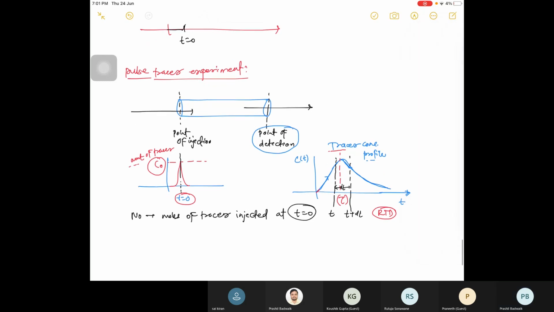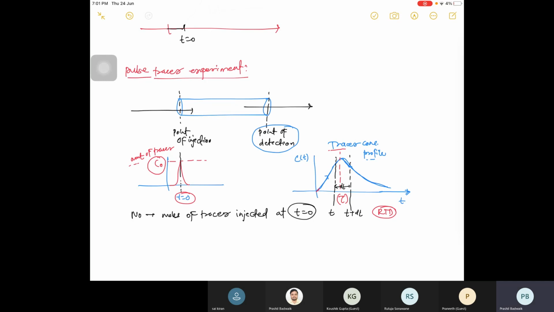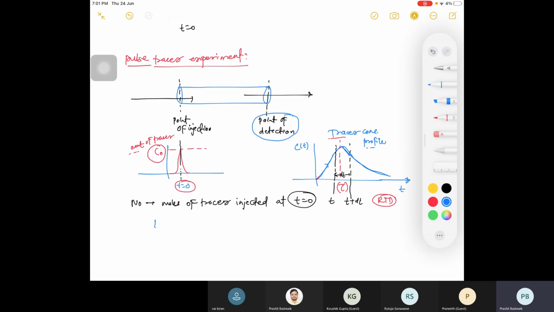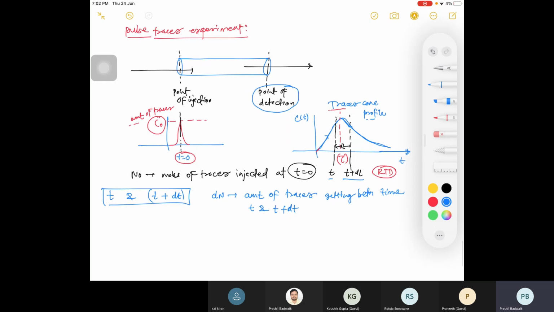N0 is the total amount of tracer injected, and between time t and t plus dt, suppose you are getting dN, the amount of tracer you are getting at exit between time t and t plus delta t. So this is your dN amount.